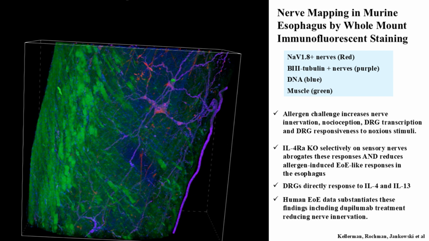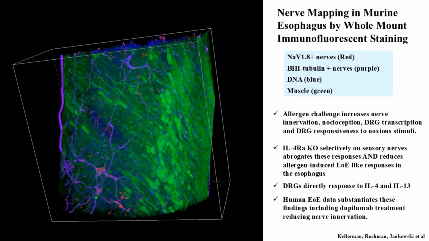So we think the dorsal root ganglia directly responds to the type 2 cytokines. And the human data that we have, which is not shown here, substantiates that these findings are operational in patients. And we also have evidence that dupilumab reverses some of the hyperinnervation that we see in the disease.